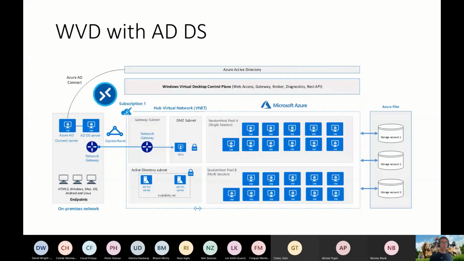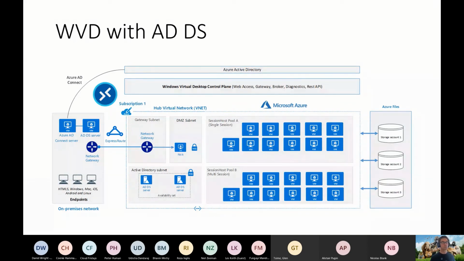So with WVD with your on-premises Active Directory, this is what the infrastructure would look like, because on the right-hand side, you've got all your session hosts in Azure, and they need to connect to your on-premises Active Directory servers. Alternatively, you can spin up directory services or domain controllers in Azure, but you still have to have that connectivity to your on-premises domain controllers so that replication can happen.